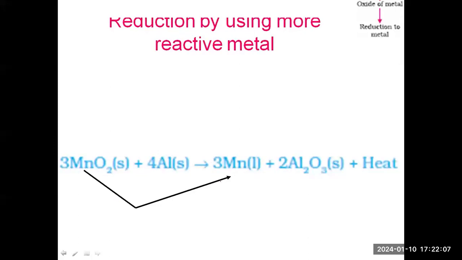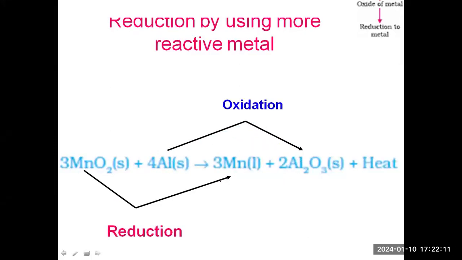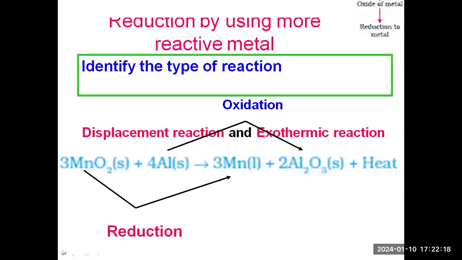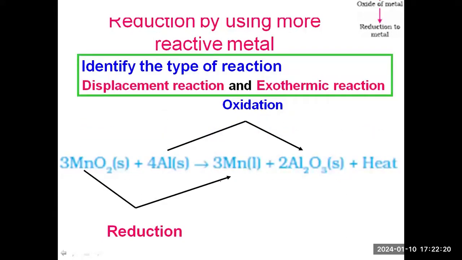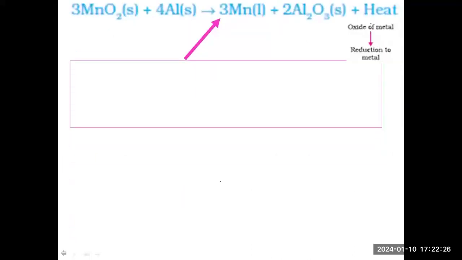You can see here reduction is taking place and this is oxidation, because aluminium is gaining oxygen and manganese dioxide is losing oxygen. So this is a redox reaction, exothermic reaction, displacement reaction. It can be categorized in all these ways, right?